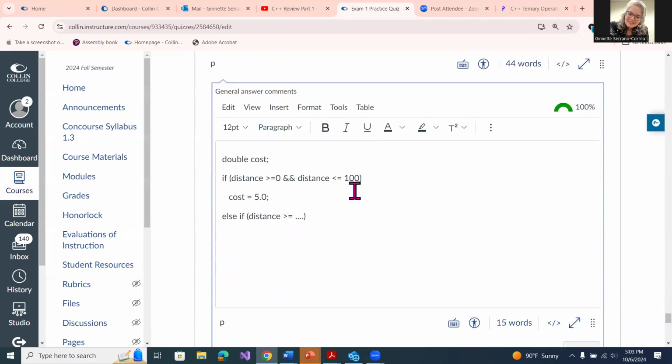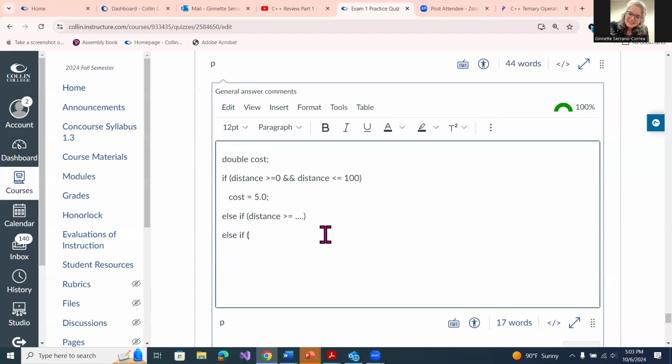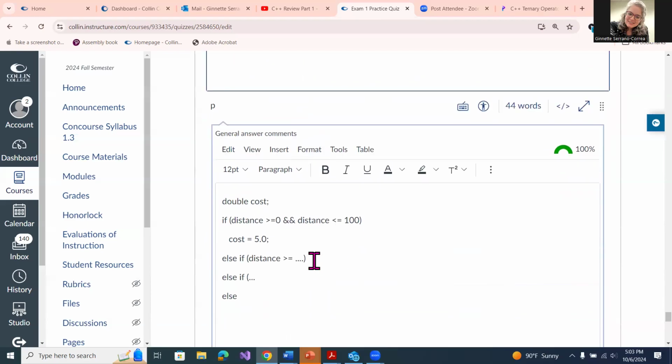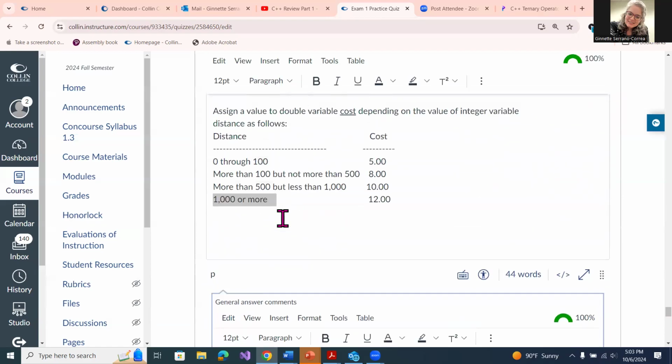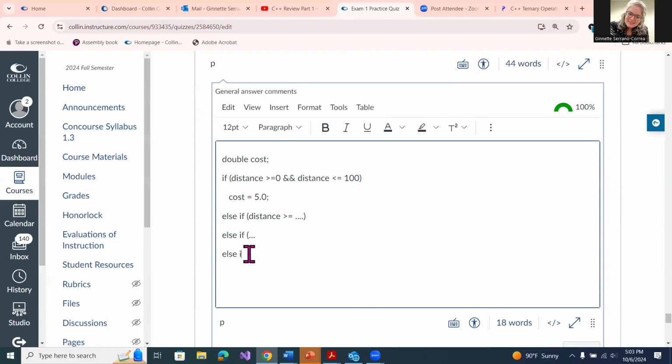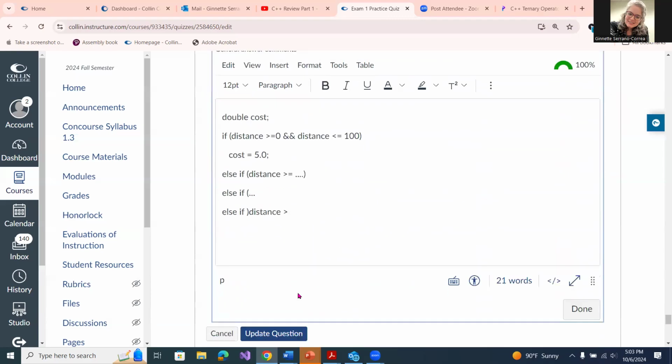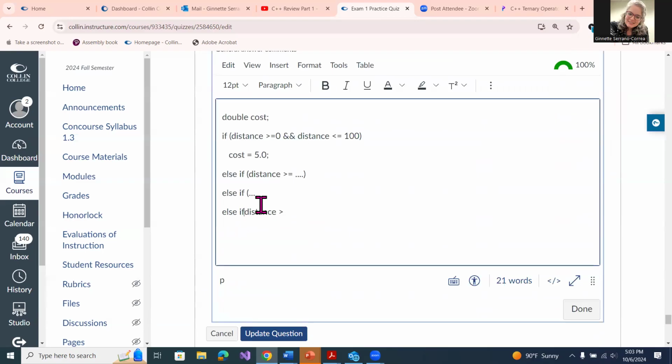Else if... and the final else, if it's 1,000 or more, we still have to say else if distance is greater than or equal to 1,000, cost equals and so on.